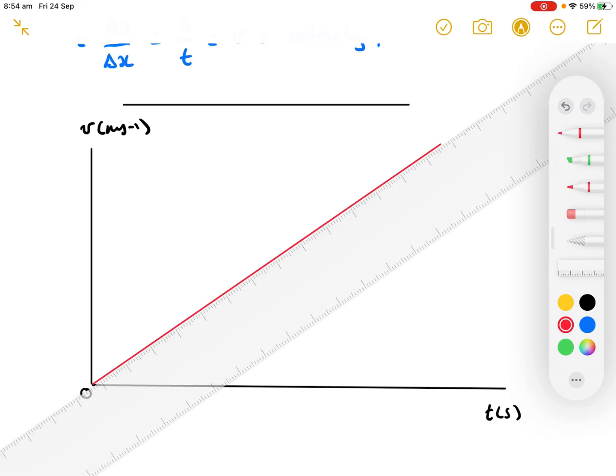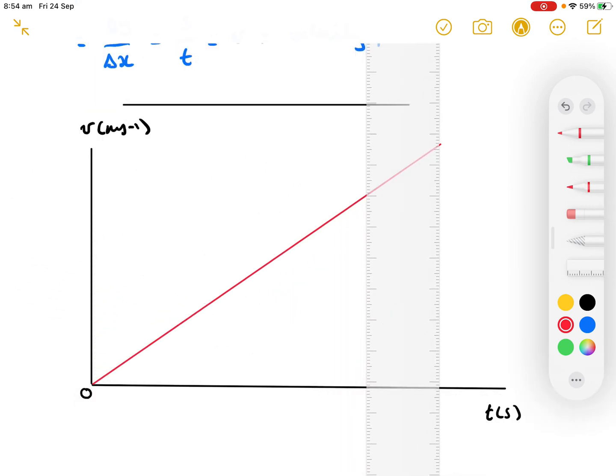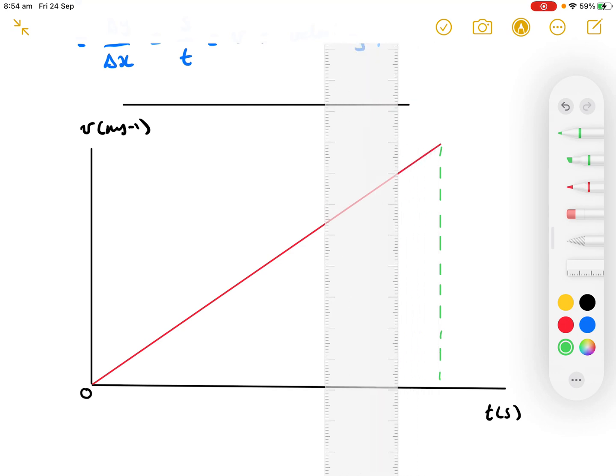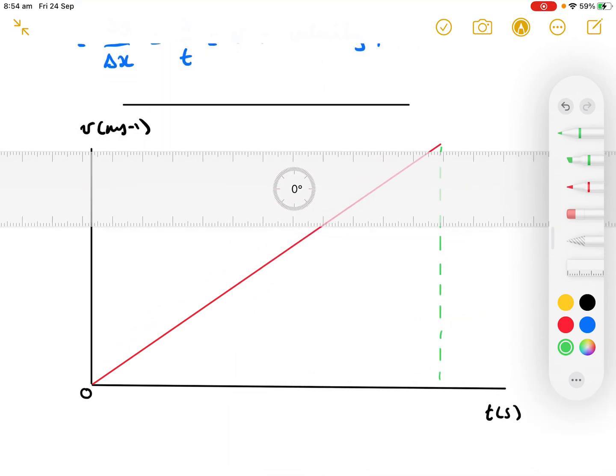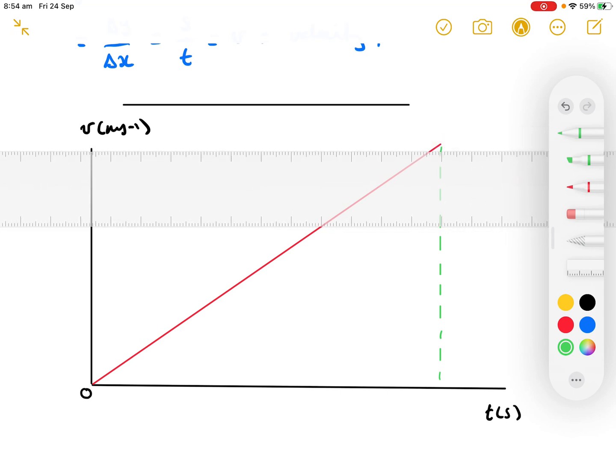And of course, because this is a straight line, getting the gradient is very straightforward. It's as before, change in the y coordinate divided by the change in the x coordinate. There we are.